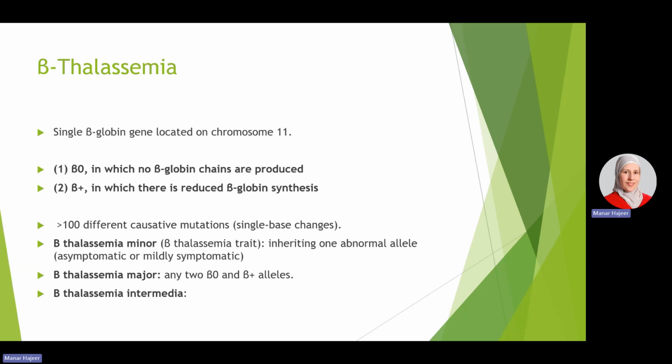In beta thalassemia major, we have two mutated alleles, whether they harbor a beta 0 mutation or a beta plus mutation. So definitely those patients will have markedly decreased levels of beta globin or even absent beta globin synthesis.